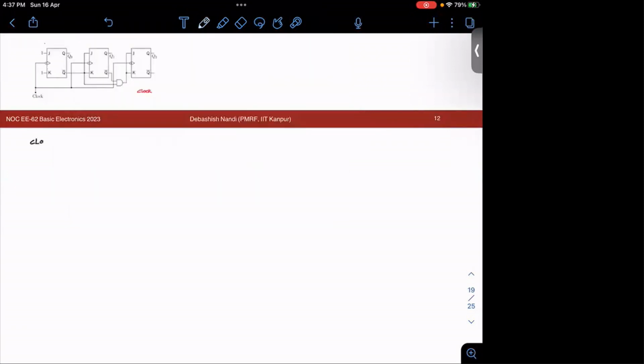This is clock, say T. This is Q0, Q1, Q2, J0, K0, J1, K1, J2, K2.